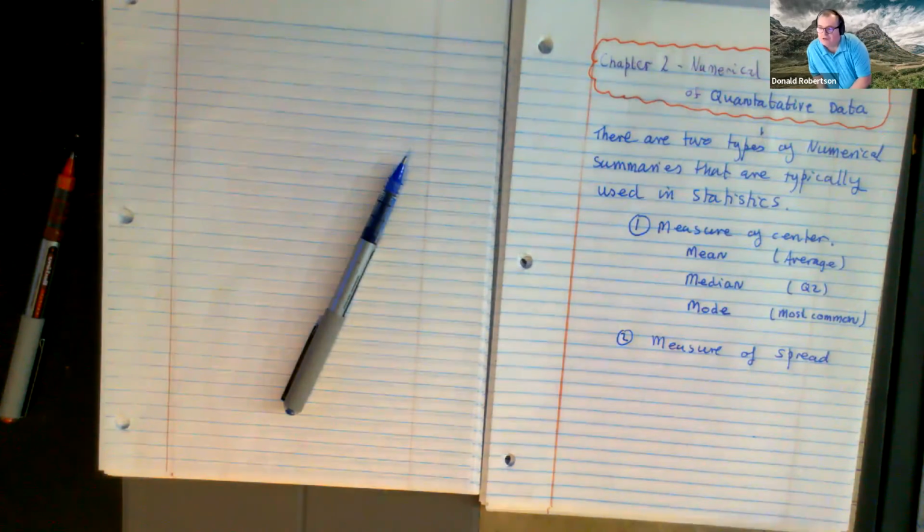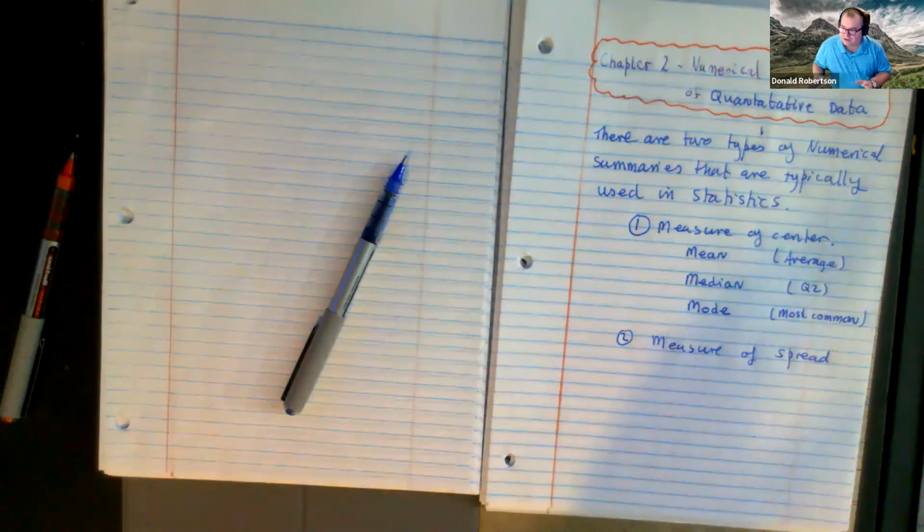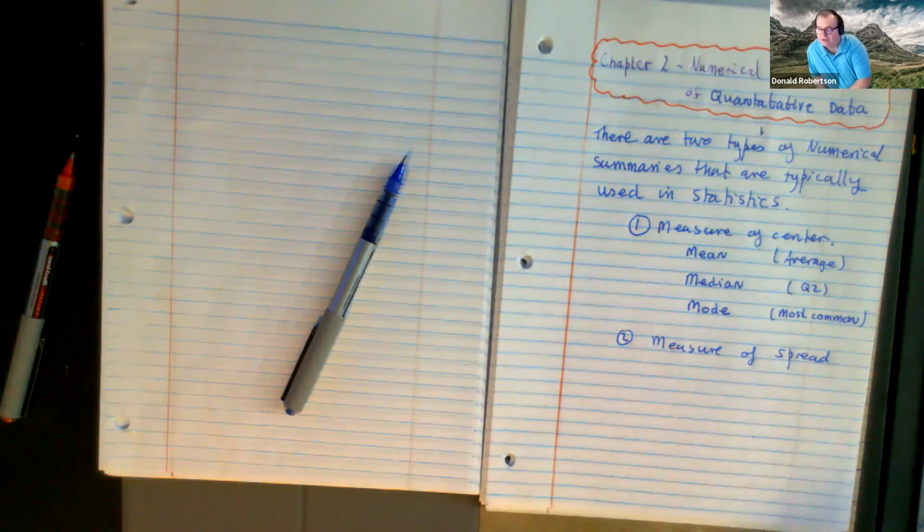The second one is called a measure of spread. Now that is a number that essentially tells you how spread out the data is. Could you imagine you had 2 classes and the average age was 23 in both classes? So you might say the mean was 23.